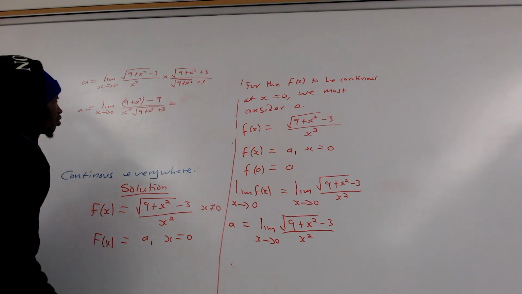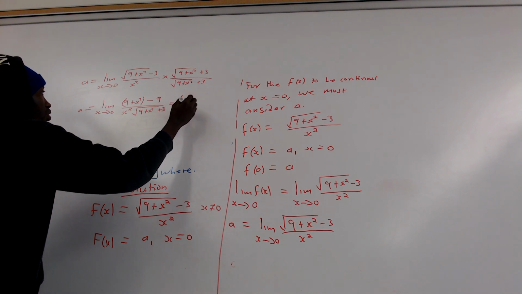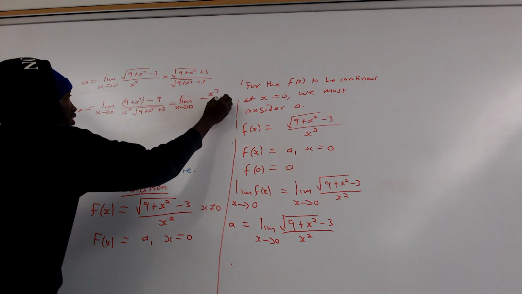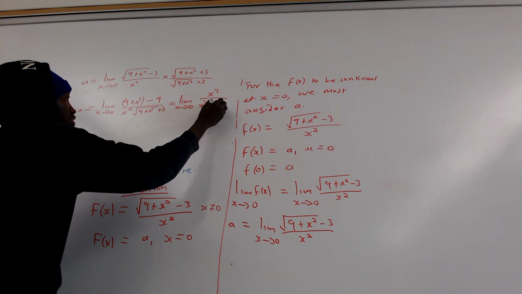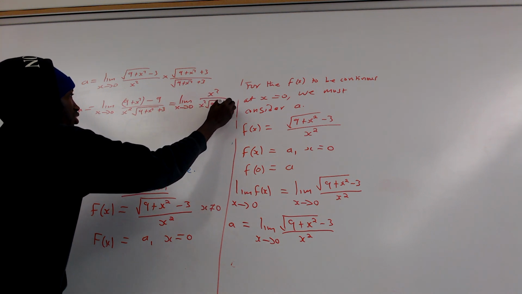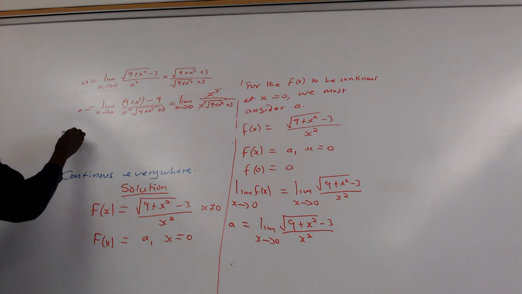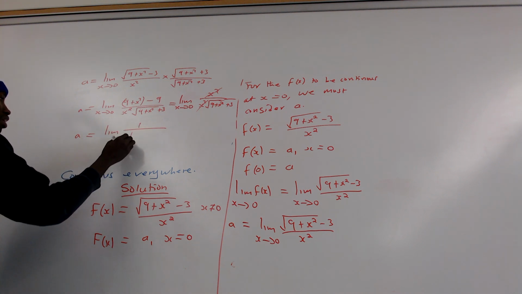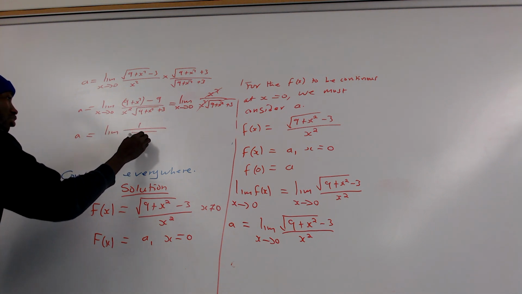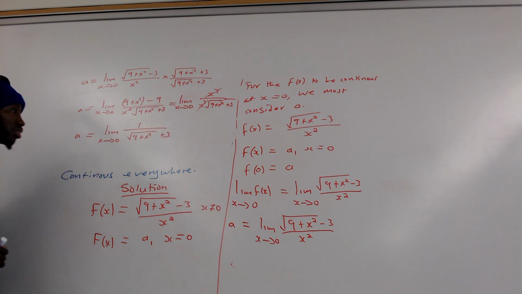So it's going to be the limit as x tends to 0 of x squared divided by x squared times the square root of 9 plus x squared plus 3. We can see x squared cancels x squared. So a is going to be the limit of 1 divided by the square root of 9 plus x squared plus 3, as x tends to 0.